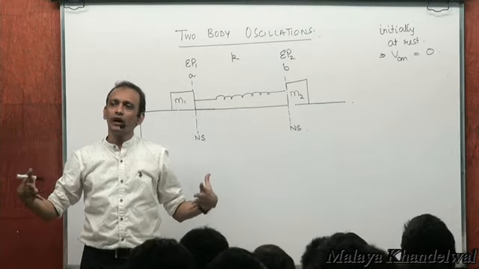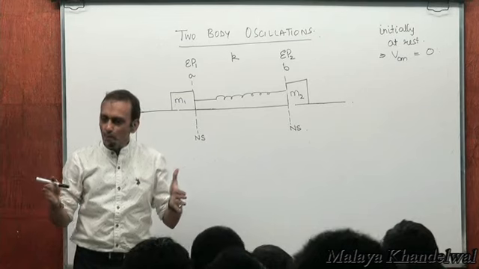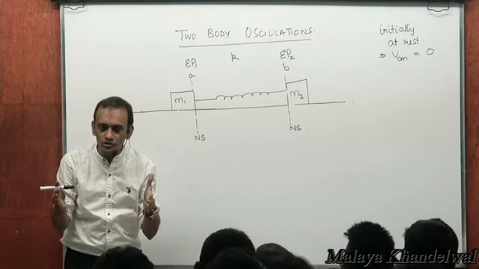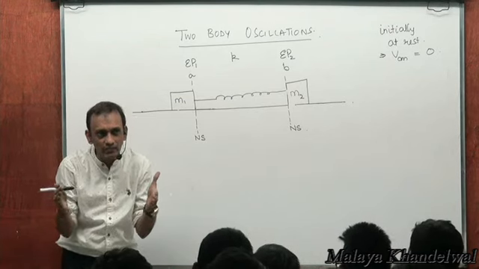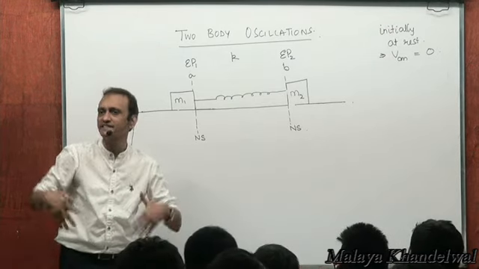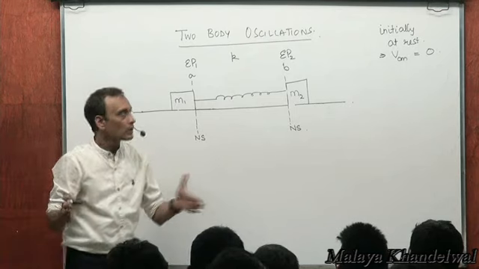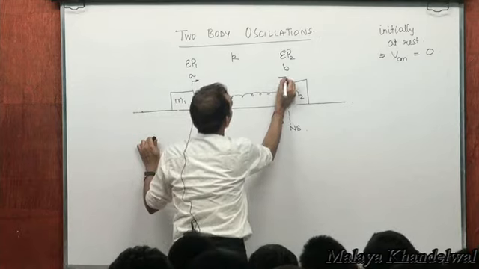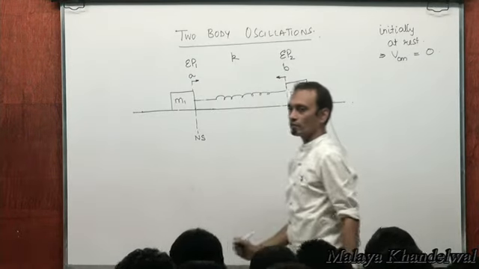Very slowly, I begin to compress the spring. I let the two masses come in closer together very, very slowly. I maintain the masses at zero velocity, that slowly. Alright. So, slowly the two masses are brought together. Right?